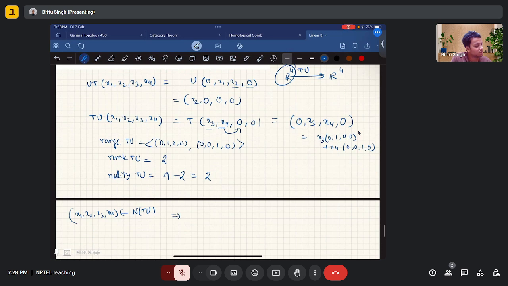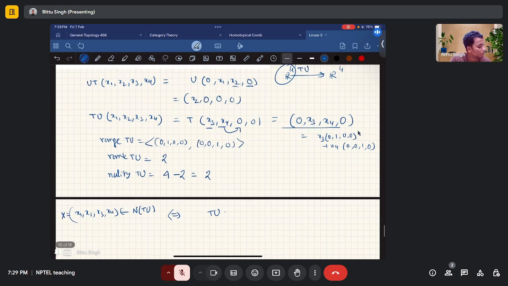This will imply, if and only if, TU of this x becomes 0, but this is if and only if TU of x, by definition, is the same as 0, x3, x4, 0.